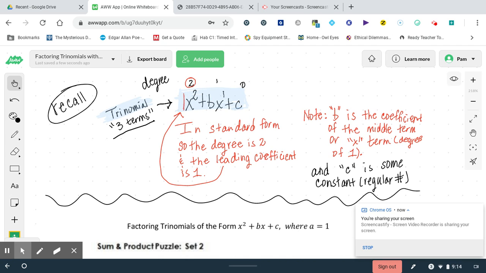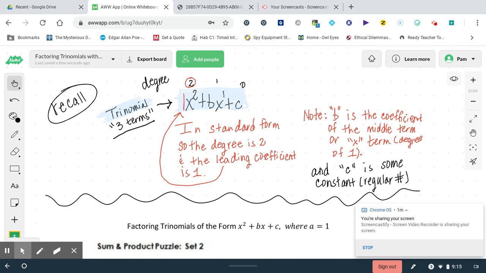The degree is just the exponent or the sum of the exponents in a term. So here the exponent is 2, the degree is 2. Here the exponent for the variable is 1, the degree is 1. Here, this is some constant. Your degree is 0. C stands for some constant. Your degree is 0.